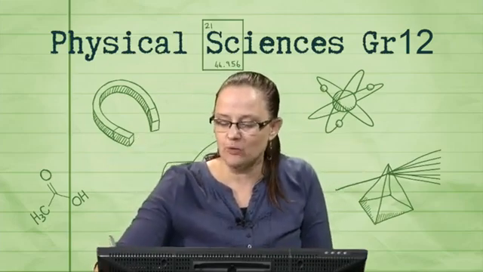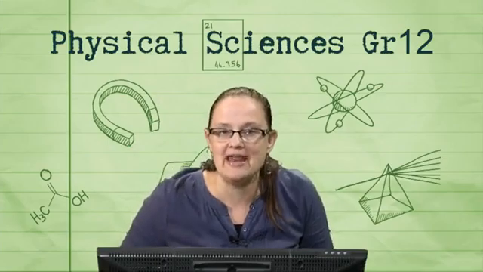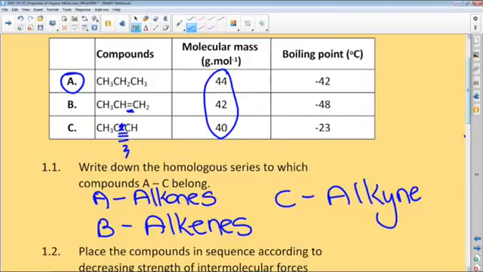Now, if we look at these boiling points, they're all in the negatives, okay? It's minus 23, minus 48, minus 42. According to this table, minus 23 is my highest boiling point. That's hotter than minus 42 and minus 48. So that means C has my highest boiling point.